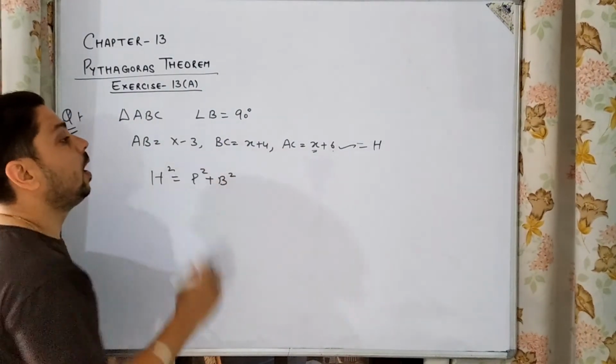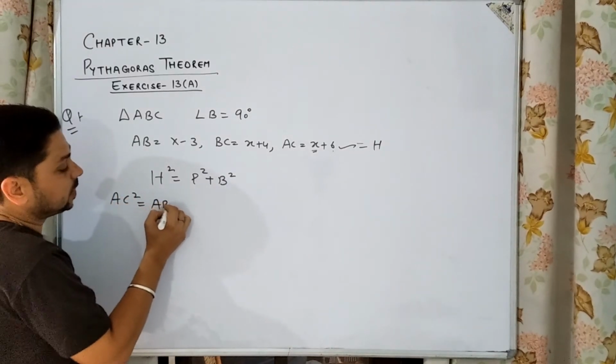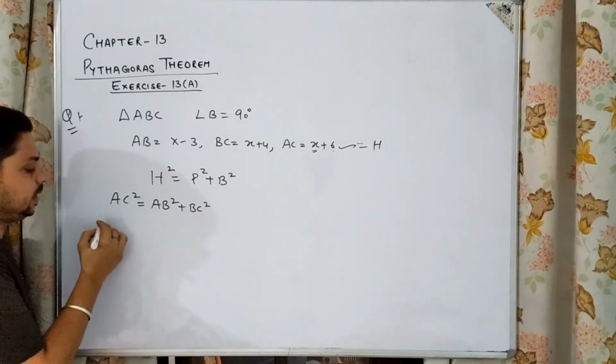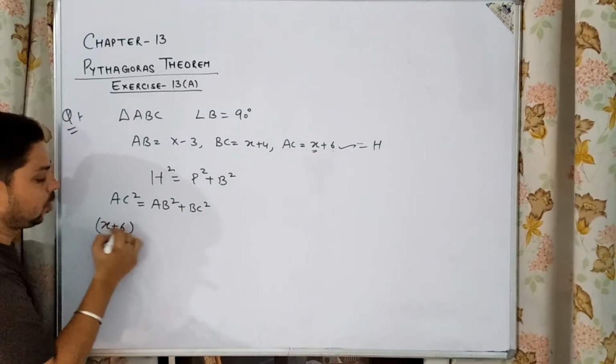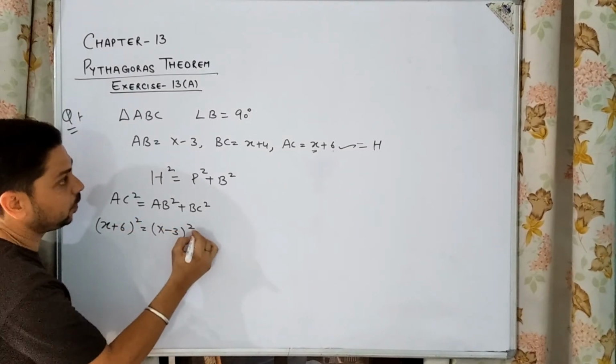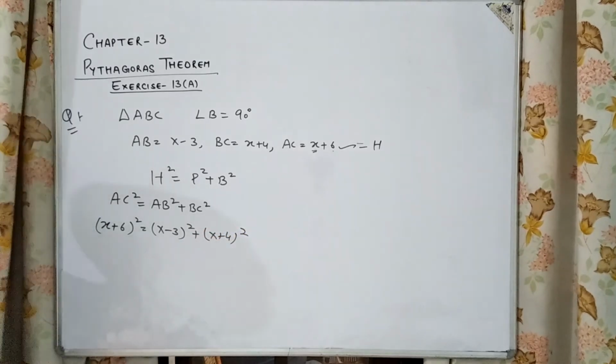So what we have, AC square is equal to AB square plus BC square. What is AC? AC is equal to x plus 6 whole square, AB is x minus 3 whole square plus BC is x plus 4 whole square here.